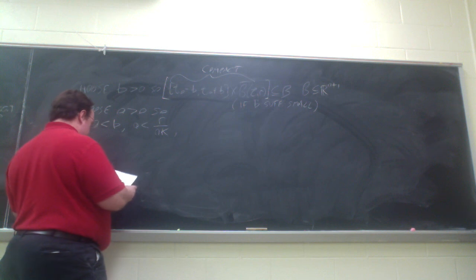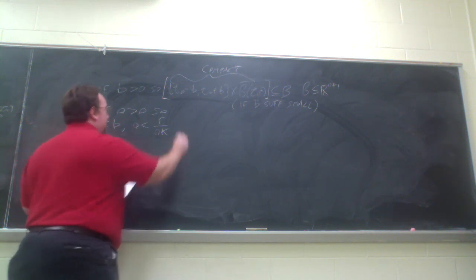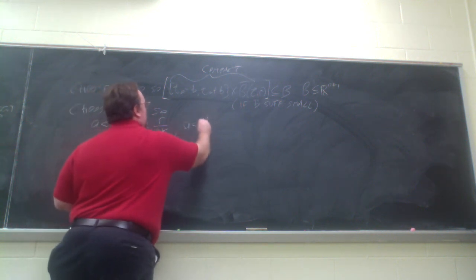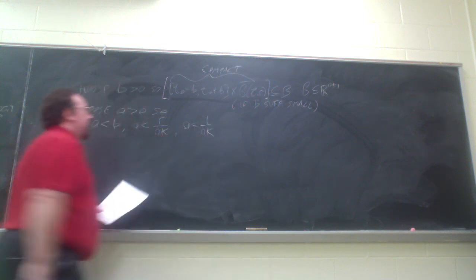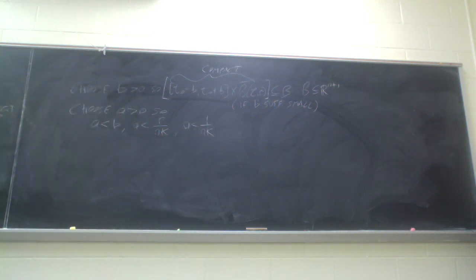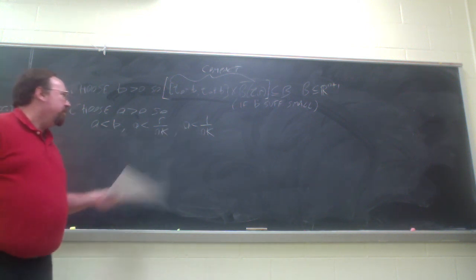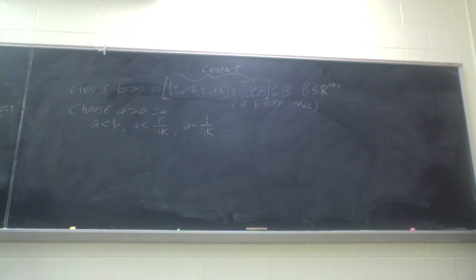And also, A is less than 1 over NK, because R could be less than or greater than 1. We don't know, so that's why we put in both these conditions. So R and NK and B are all fixed constants, so we can always choose an A that's smaller than all three of these.